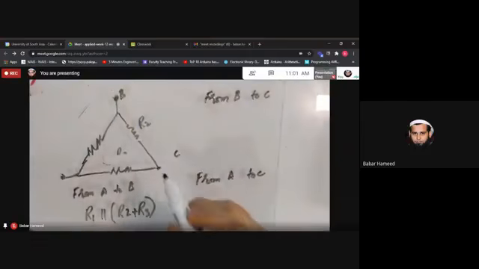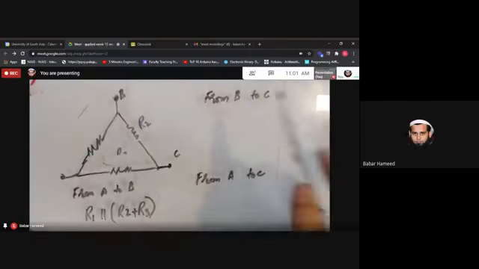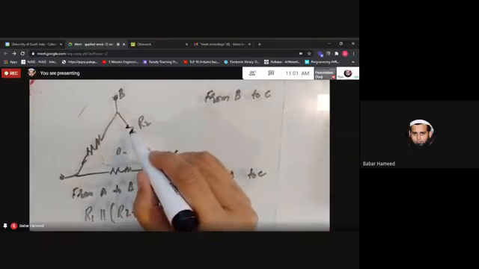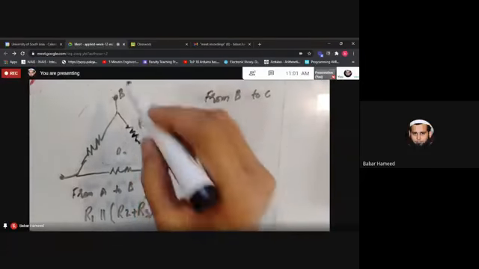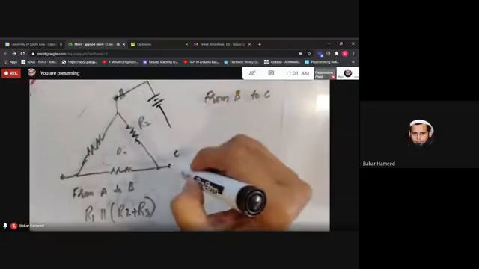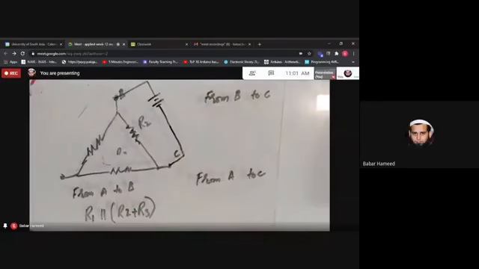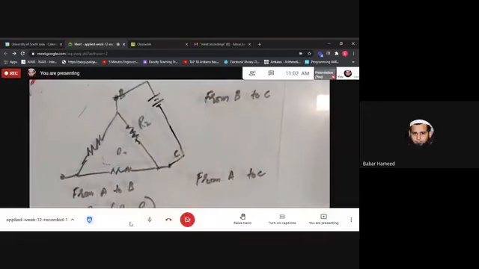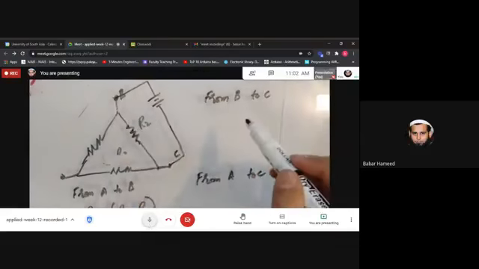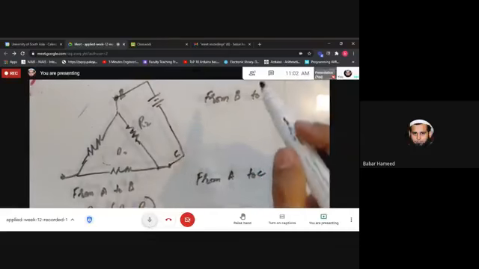Now, I am connecting our voltage source between point B and point C. So between point B and C, what will happen?